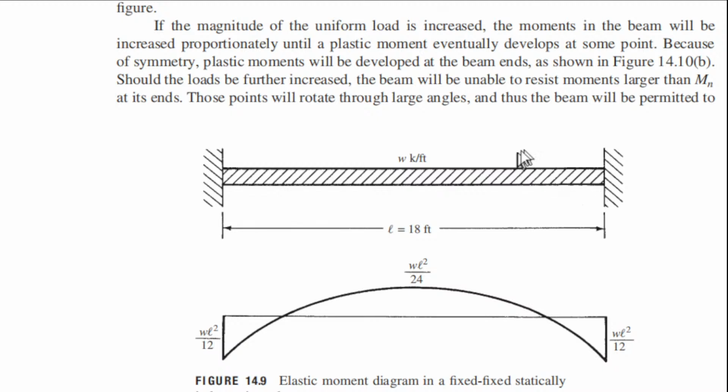Okay? So, because of symmetry, plastic moments will be developed at the beam ends. Why? Because they are fixed end beams and the higher moment will occur on the support. So that's why plastic moments will first develop here. Okay? The beam will be unable to resist moments larger than Mn.